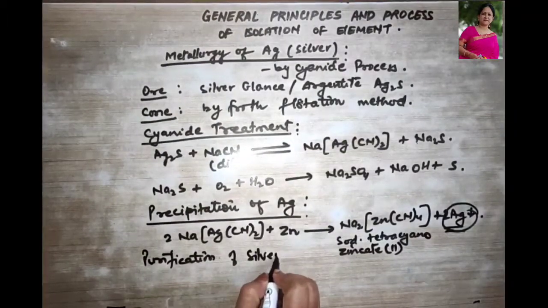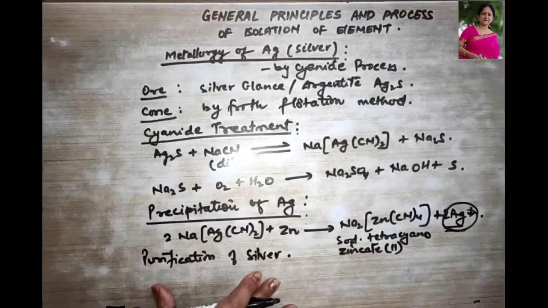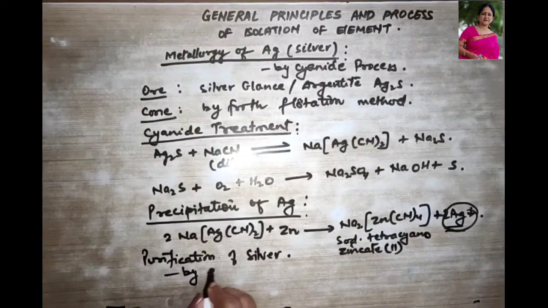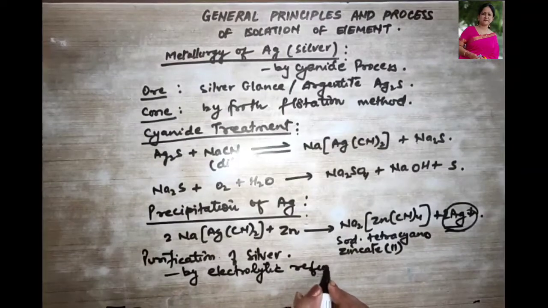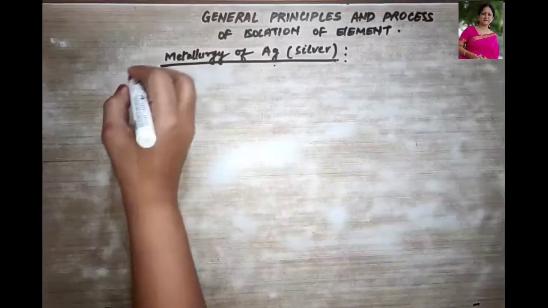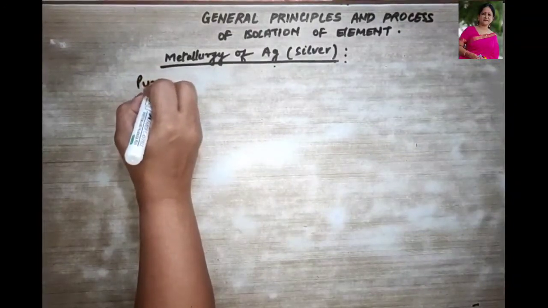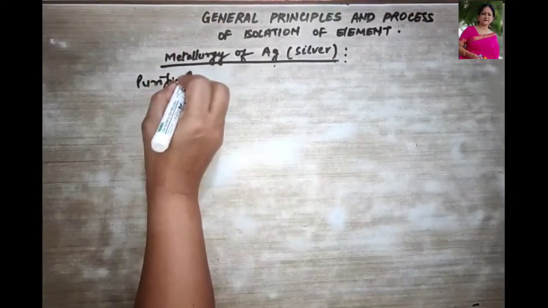So how is silver purified? By the process of electrolytic refining, right?